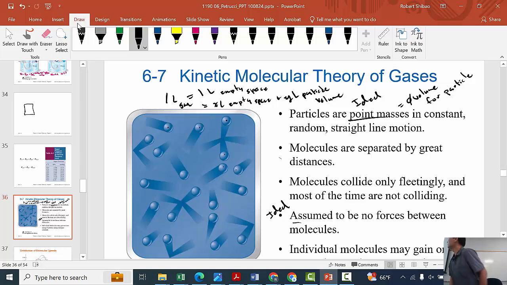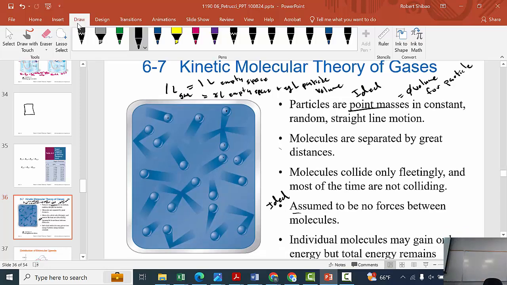And so in a real gas, I'd have slightly less than 1 liter of empty space. In an ideal gas, I'd have 1 liter because we treat all the particles as point volumes, which means they have no volume. Or point masses, sorry.